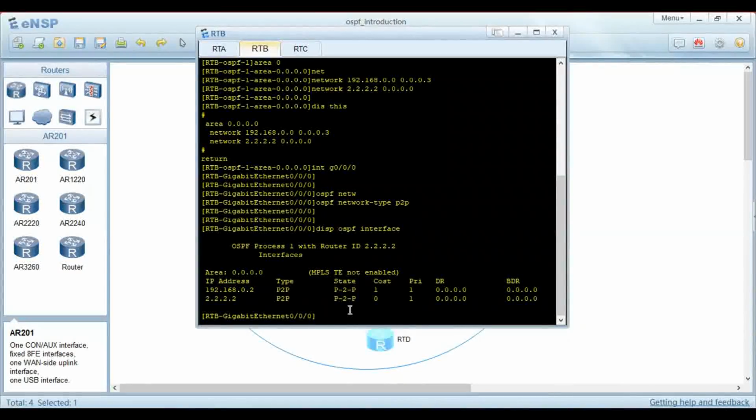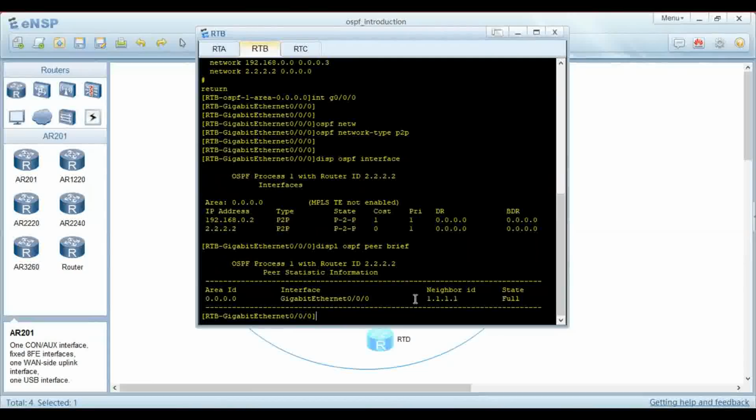The second command for verifying: remember our processes are to establish a neighbor relationship, then flood link state information, and then use that to calculate the best route to the destination. The second command will show us the OSPF neighbors that we have, and it is called display OSPF peer brief.